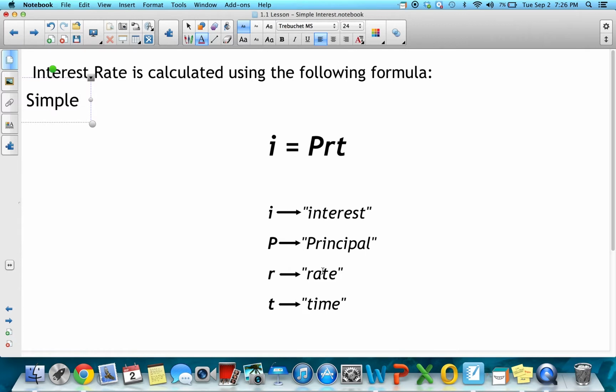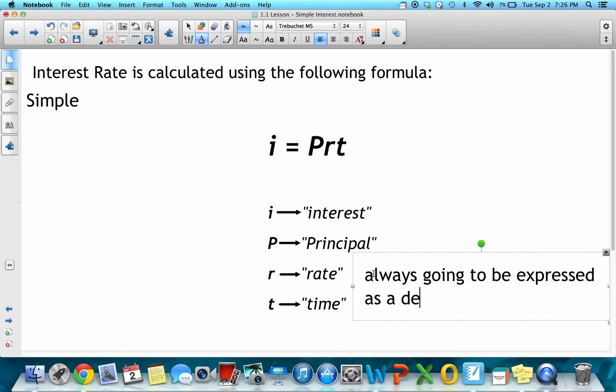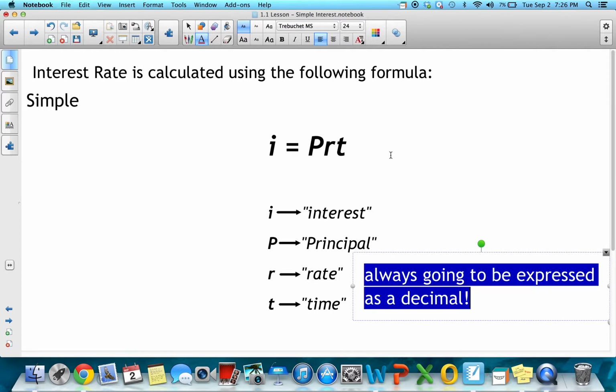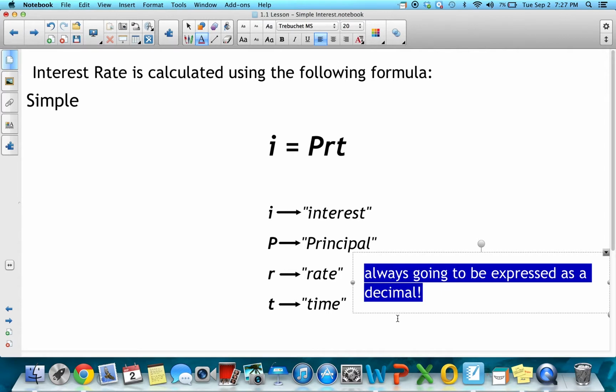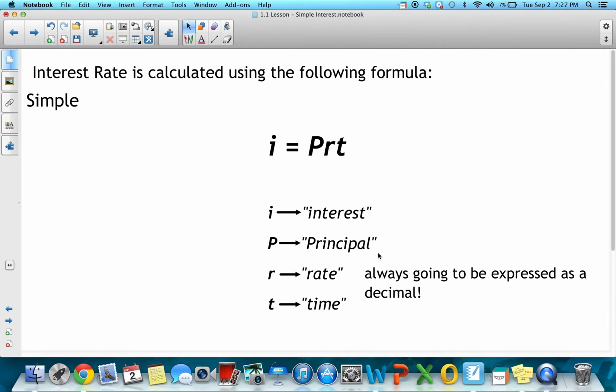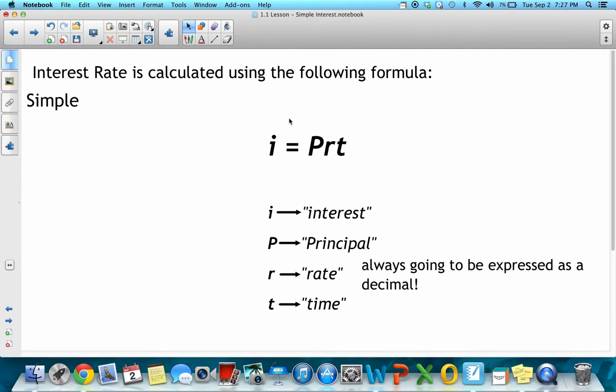R is your rate. Your rate is always going to be expressed as a decimal. So if you're talking about 5%, your rate is going to be 0.05.